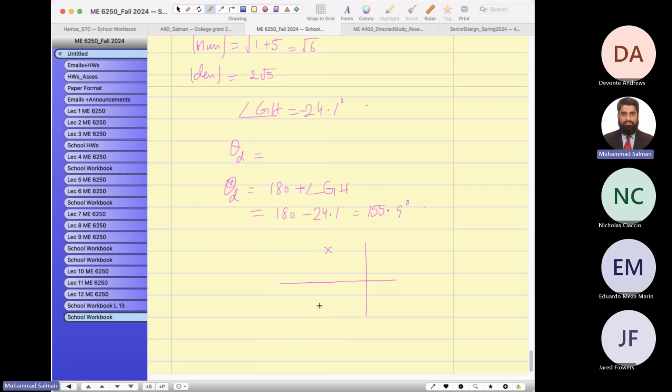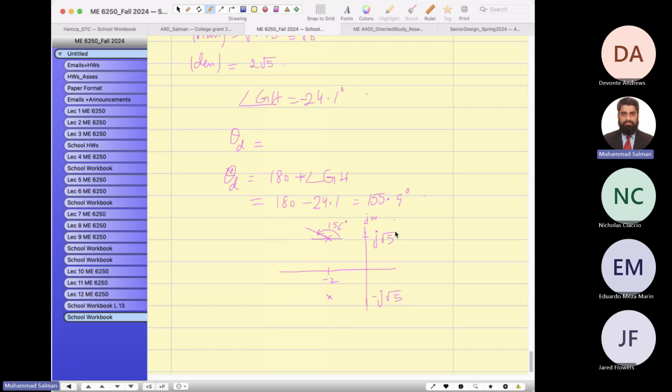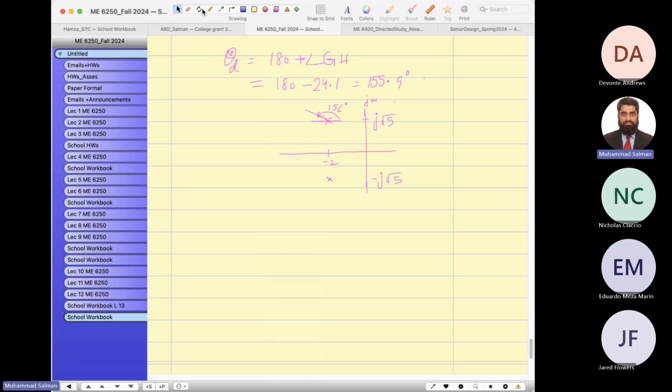And if you want to draw the root locus, these are my poles located at negative 2 plus j square root 5, and negative 2 minus j square root 5. The angle of departure for this pole is positive, so you have to draw a line here at positive 155.9, let's say 156 degrees. It doesn't matter, it's a little bit off. Now you can see this is the angle of departure from the pole, and it will go toward my zero location, this is my zero, this is my zero.